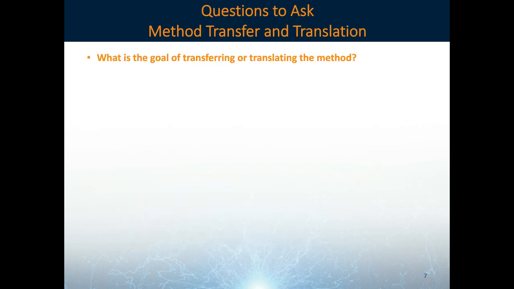So what kinds of questions do you have to ask yourself before you decide to do a method transfer or method translation? First off, what is the goal of transferring or translating the method? Are you looking for increased speed or improved resolution or maybe increased sensitivity?